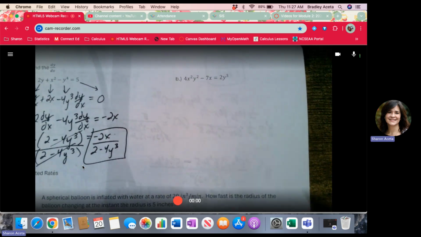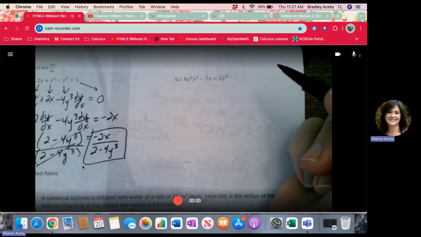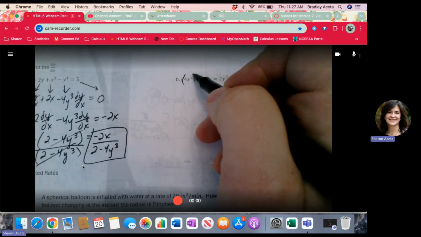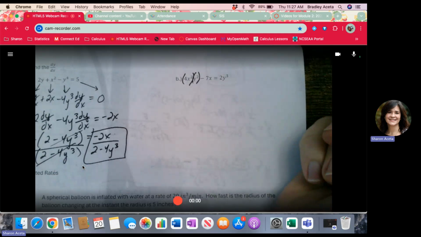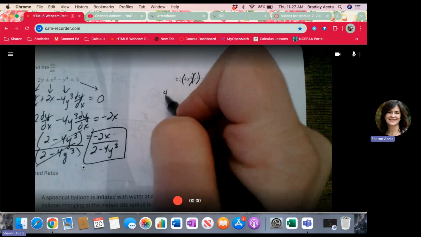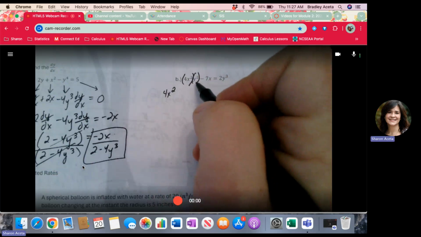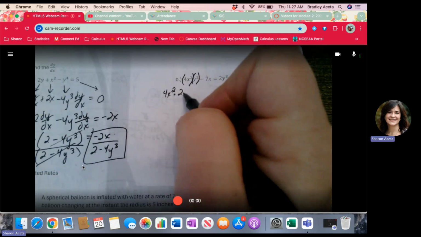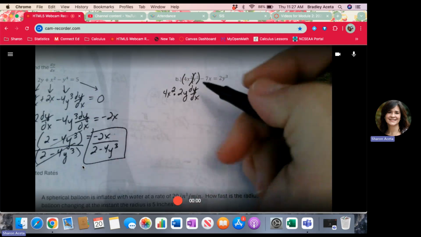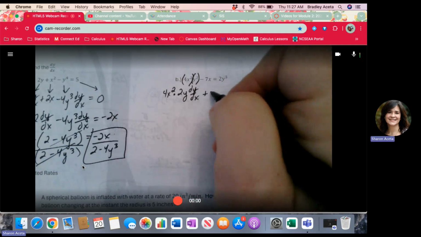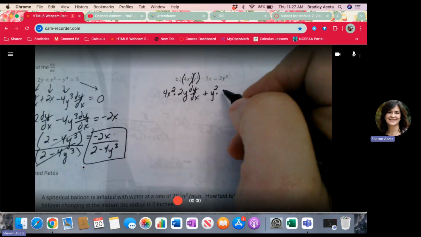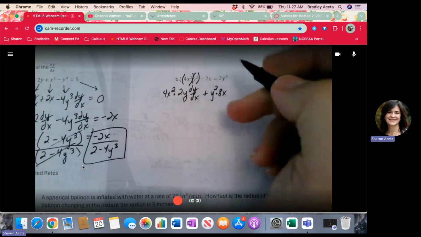Now this one, when you have x's mixed with y's, you have to do a product rule. So I'm going to call this my first term and this my second term. Product rule says first times the derivative of the second, which would be 2y, since it was a derivative of y, attach dy/dx, plus the second times the derivative of 4x squared, which is 8x.